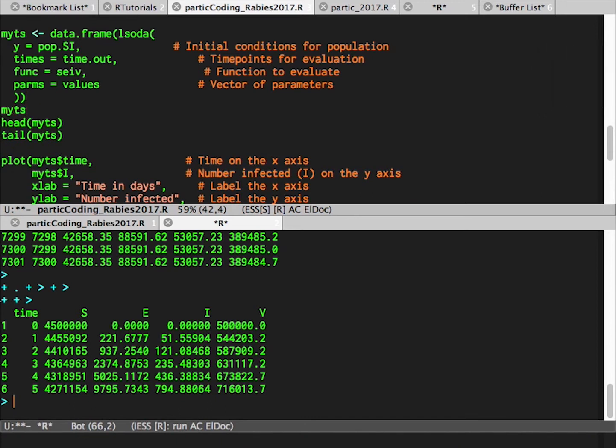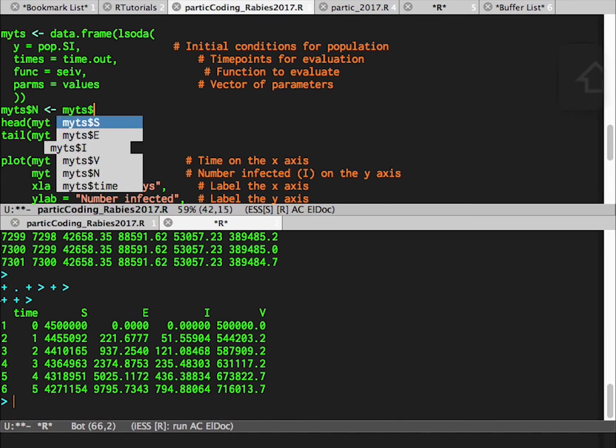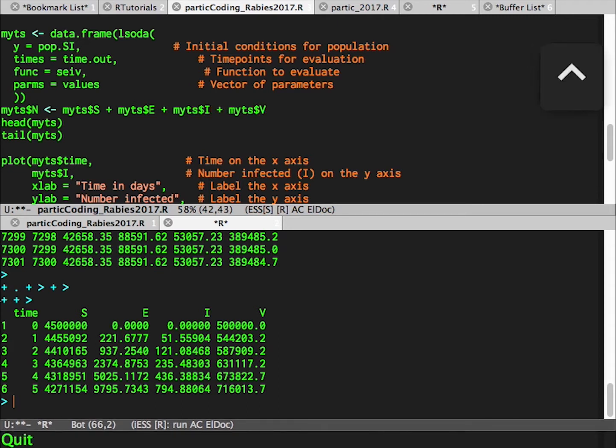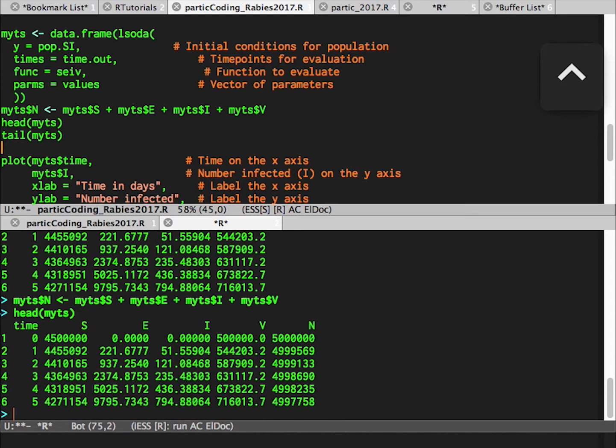N is going to be equal to my TS of S plus E plus I plus V. Okay? Now we have an N.